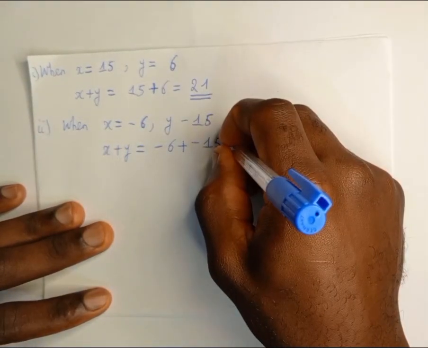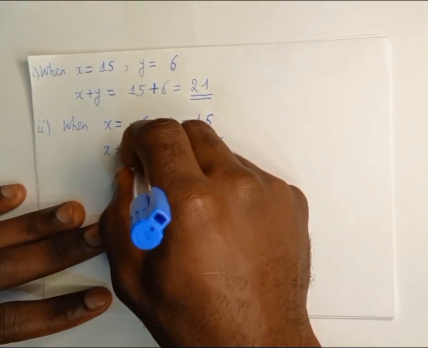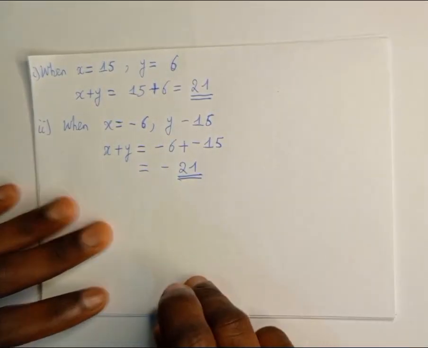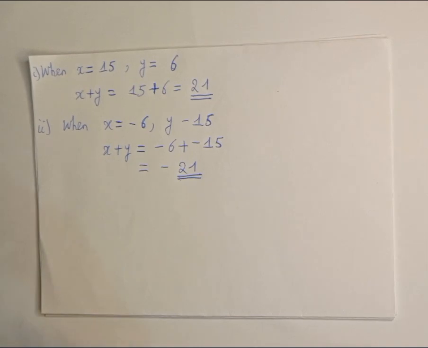Negative 6 plus negative 15 gives us negative 21. Underline the answer. Therefore, x plus y is equal to 21, or x plus y is equal to negative 21. We are done with the solution.